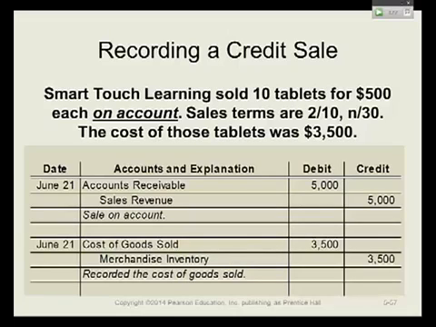So, and this is for June 21st. So on 6/21, we have a sales. So we debit accounts receivable for $5,000, credit sales for $5,000, and also we have cost of goods sold of $3,500.